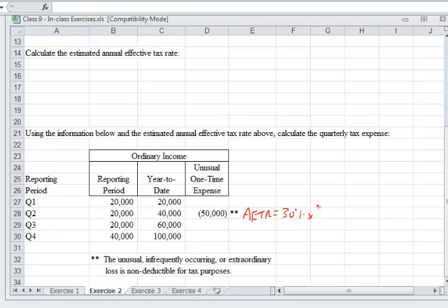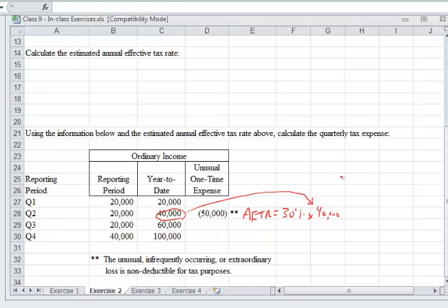I'm going to take it times 40, which is this number. I'm going to take it times my ordinary income, right? Annual effective tax rate times ordinary income. We're almost pretending like my one-time thing doesn't exist yet, right?